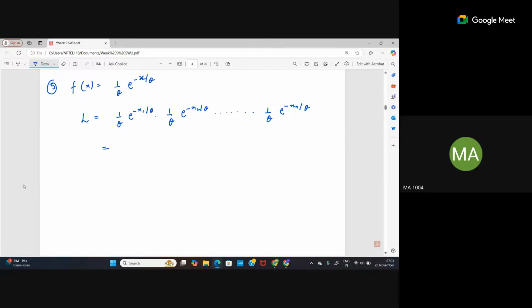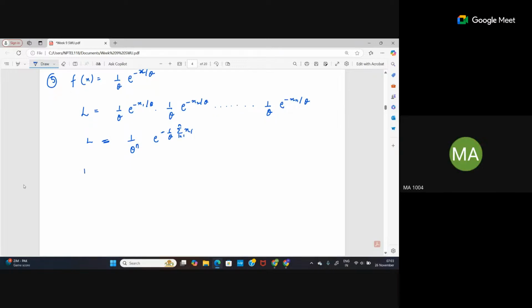So now I can write it like this: 1 upon theta to the power n, e to the power minus 1 upon theta summation of xi's. Is it right? Yes, ma'am.